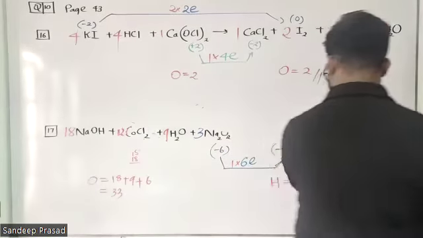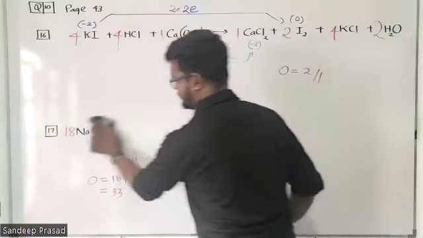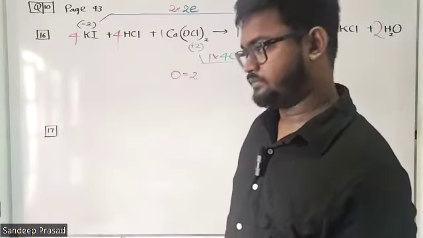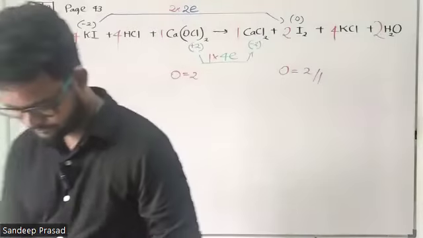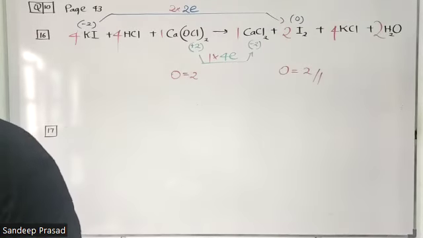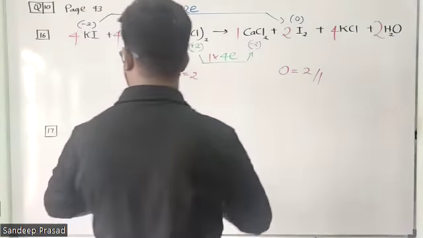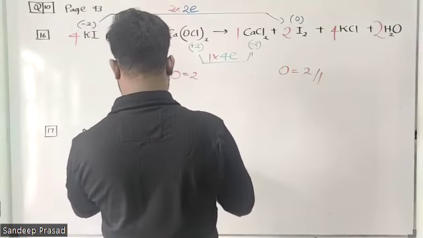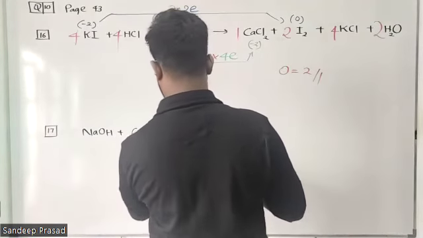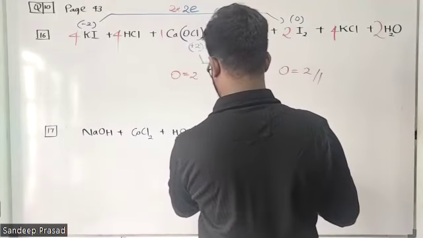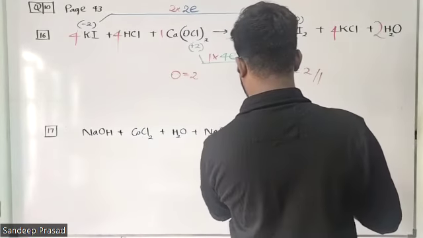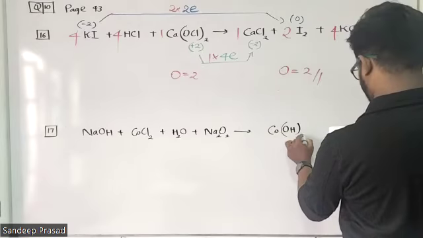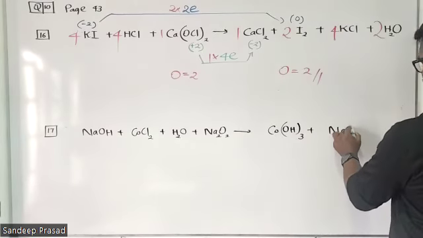Let me do that one again. Sodium hydroxide, cobalt chloride plus water plus sodium peroxide Na2O2, giving us cobalt hydroxide plus NaCl.